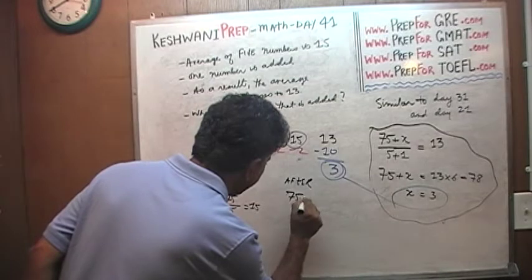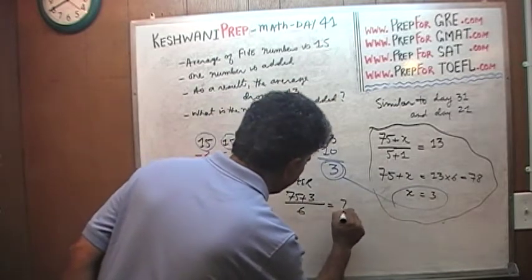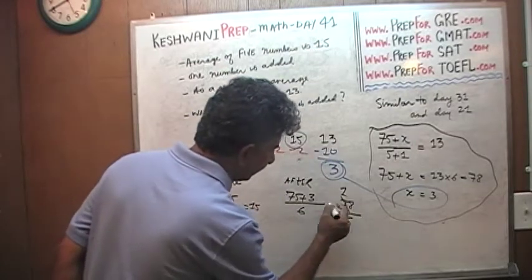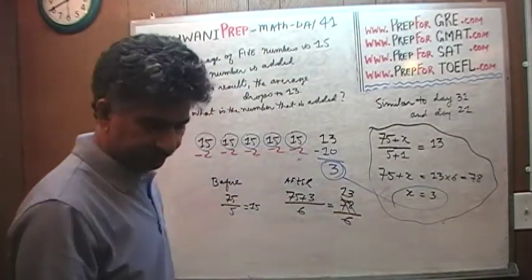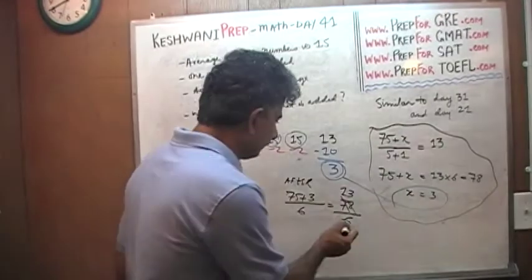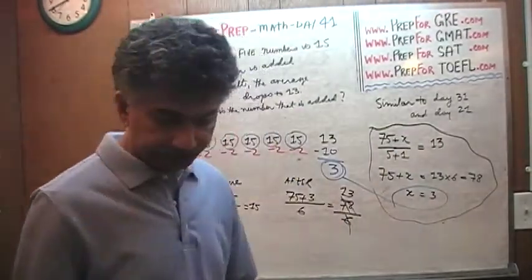We have 75, and then we are adding 3, divided by 6. So 78 divided by 6. There is 1 7 in the 6, and then the remaining one goes here, makes it 18, and that makes it 13. There we go. So the new average is in fact 13. And that's all. That's it, we're done.